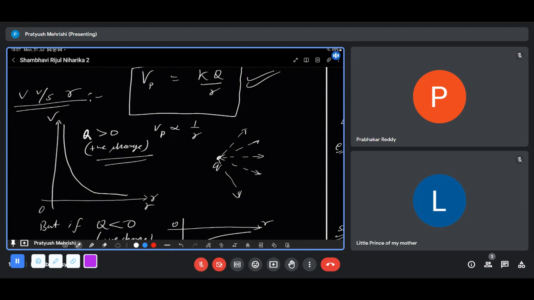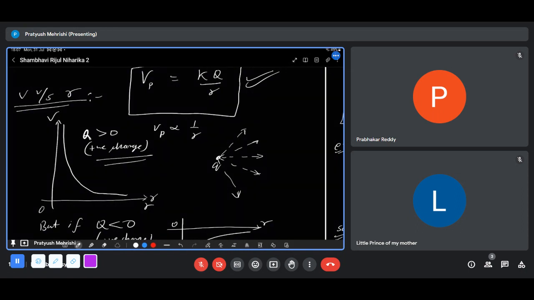It means if we draw the graph of potential with respect to the distance r from a charge, the graph will be a rectangular hyperbola.